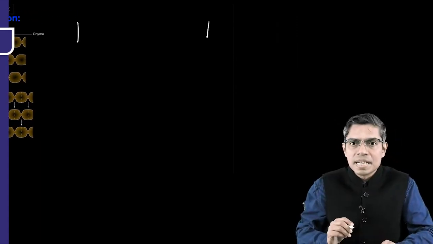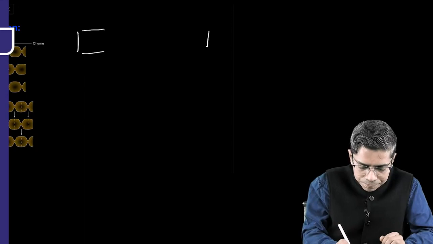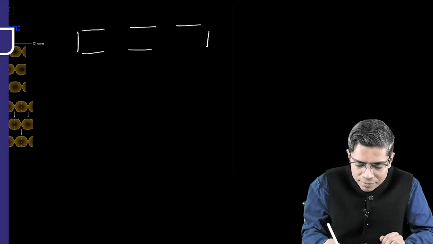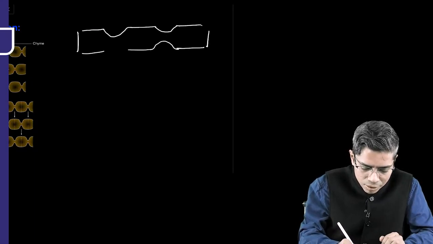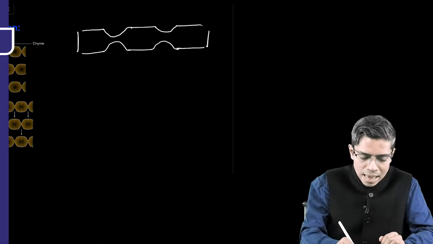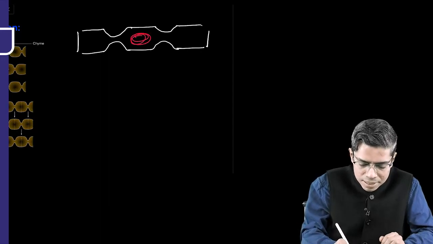So if this is a particular segment of the GIT, look at this diagram. I can find out that within this segment, some parts of the GIT are contracted. These are the contractile rings, and in between the food particle is present here.